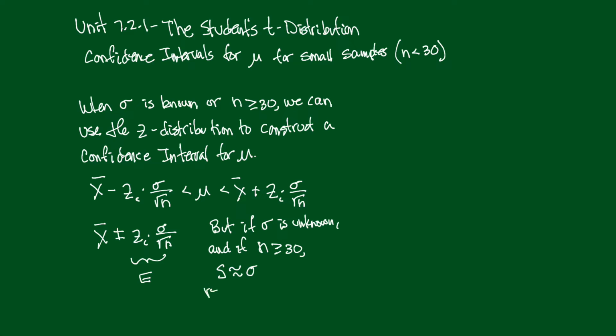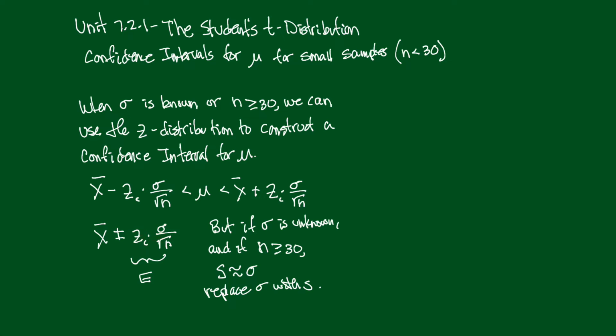So what you can do is replace sigma with s. We're just saying that if you don't know sigma, but you have a large sample, s and sigma are almost the same value, so you might as well just go ahead and use s right there, and you'll get a good confidence interval.